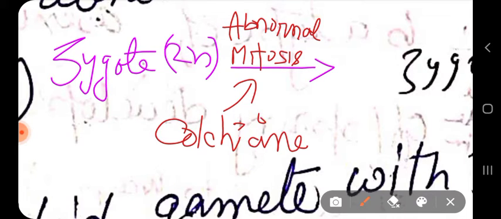By using colchicine, which disrupts the spindle fibers and causes chromosome doubling.